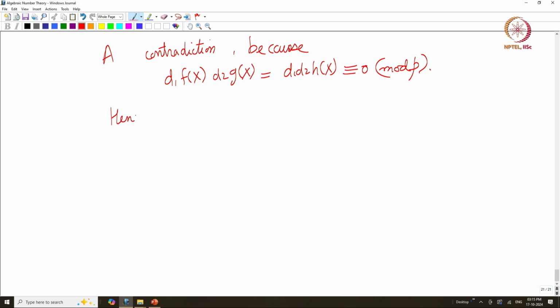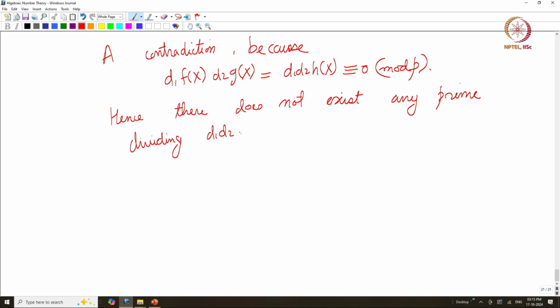So, hence there does not exist any prime dividing d1 d2, and if you have a positive integer that is not divisible by any prime number, this means that that positive number itself is 1, and so hence d1 is equal to 1 and f of x is in Z[x]. Okay. So, that is 3, that is what we wanted to prove, right. So, we have proved 2 implies 3.